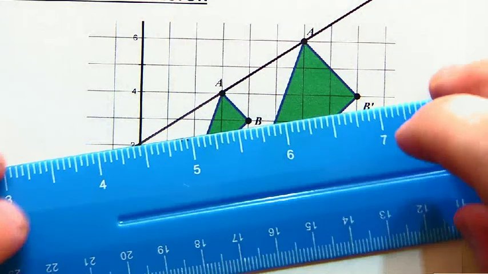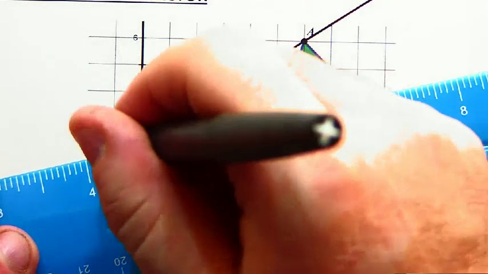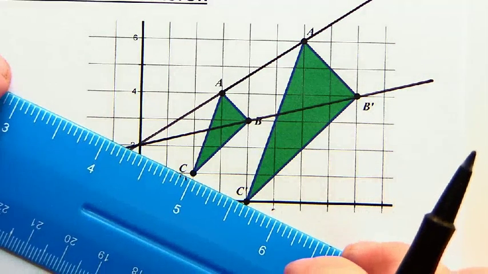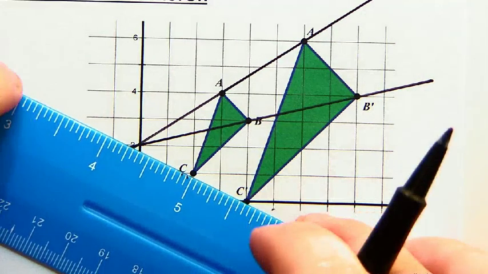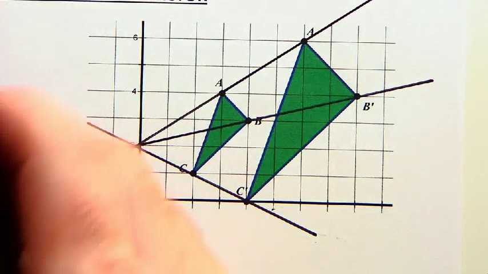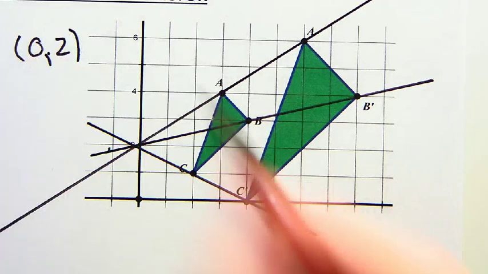I know that B to B prime also has to go through each other on a ray, and C prime also have to. So that's actually a very easy kind of reverse concept. So the center is at 0 and 2, looks like.